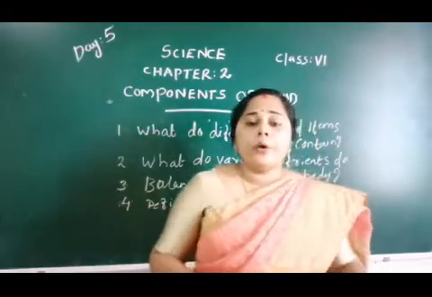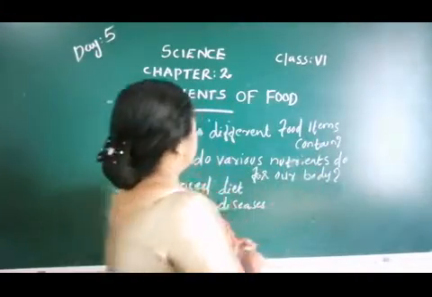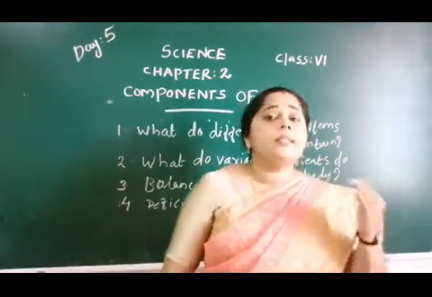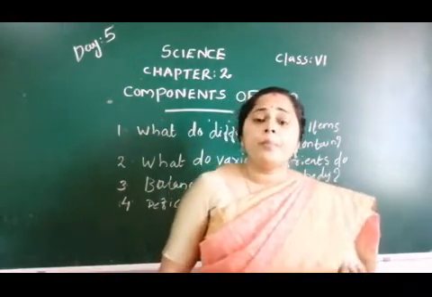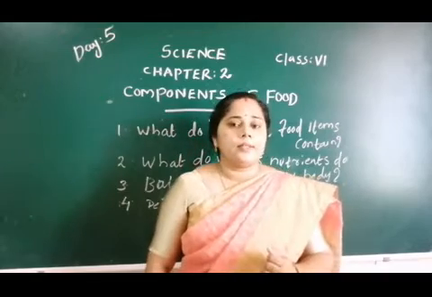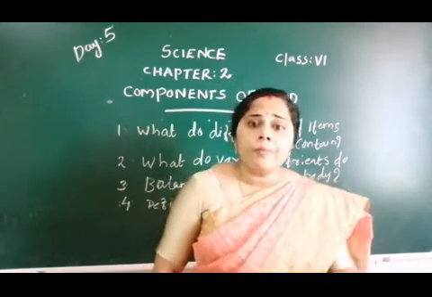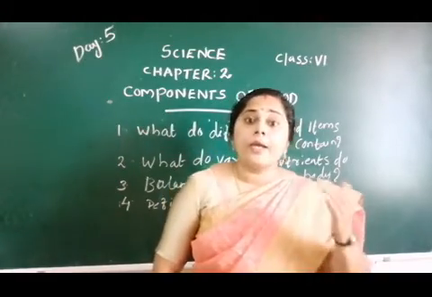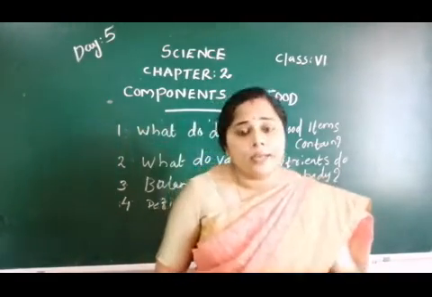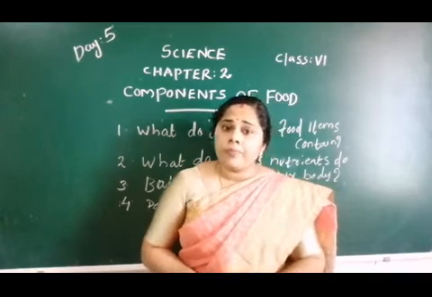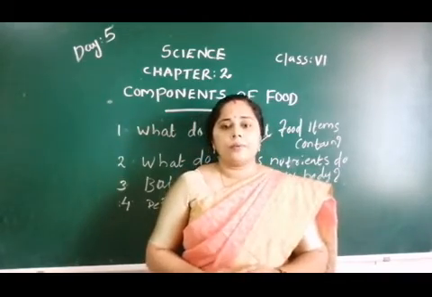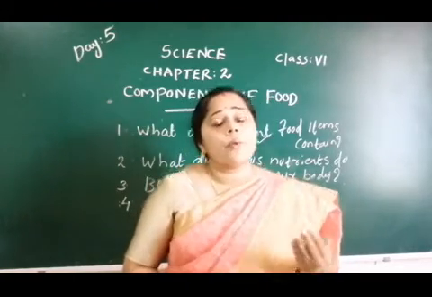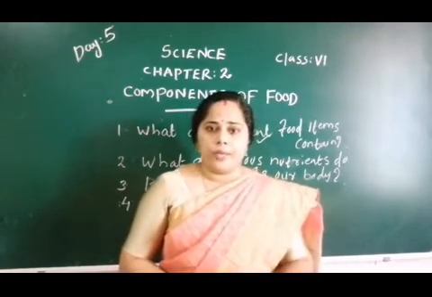First, what do different food items contain? We know that each dish is usually made up of 1 or more ingredients which we get from plants or animals. These ingredients contain 1 or more components needed for our body.